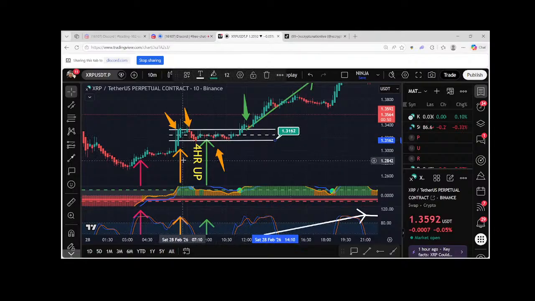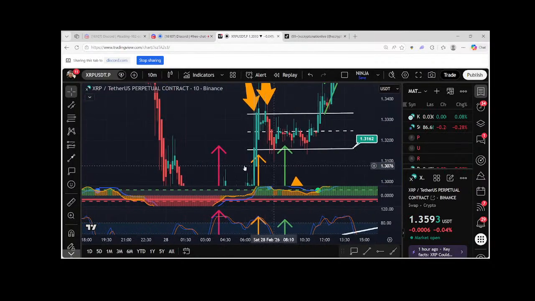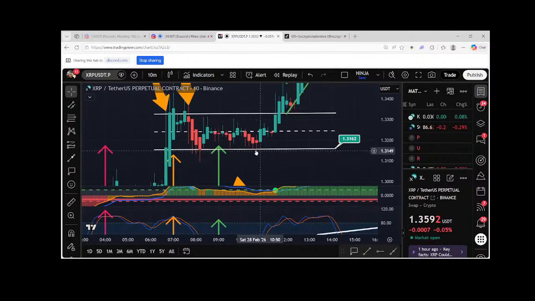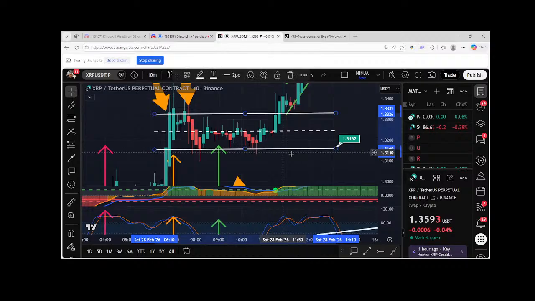We already know there's a 1 hour headed up with the red arrow, the 2 hour headed up with the orange arrow, and then we have the 4 hour confirming value. So the odds of it going lower than its current support area, which is literally these wicks right here, is very low.